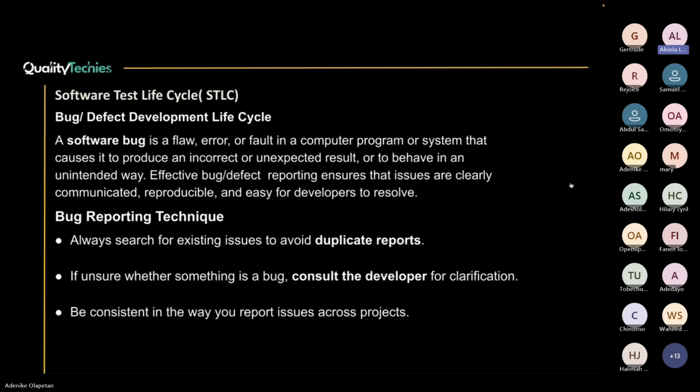So as little as a typo, for instance, you are moving on Third Mainland Bridge, you see a signage and you see a typo there, it's a defect, it's a bug.